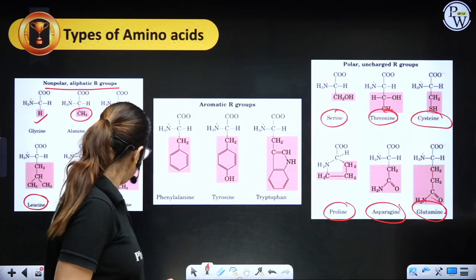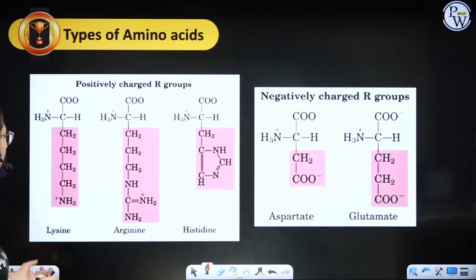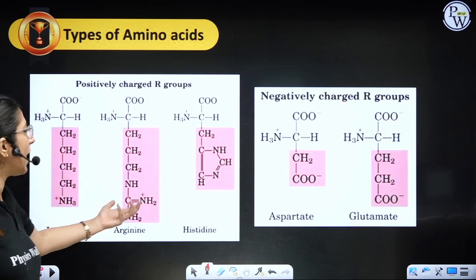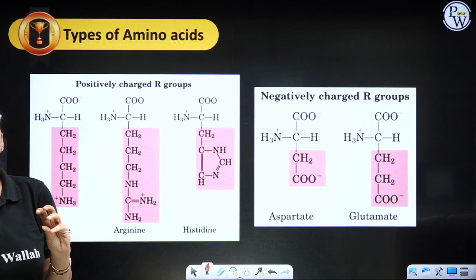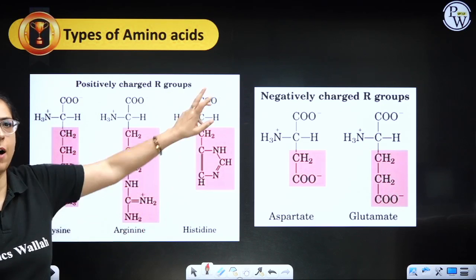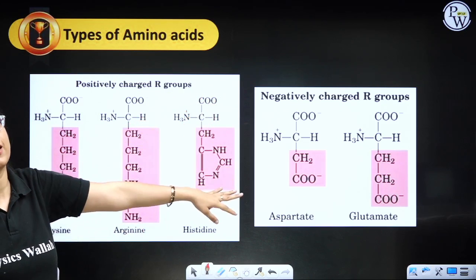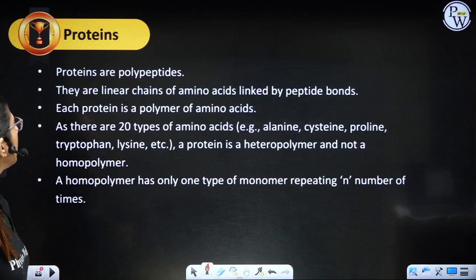Clear? Now moving on to the next, we have positively charged amino acids also, for example lysine, arginine and histidine. Negatively charged amino acids are also present because they have an extra COO negative group: aspartic acid and glutamic acid. Clear?